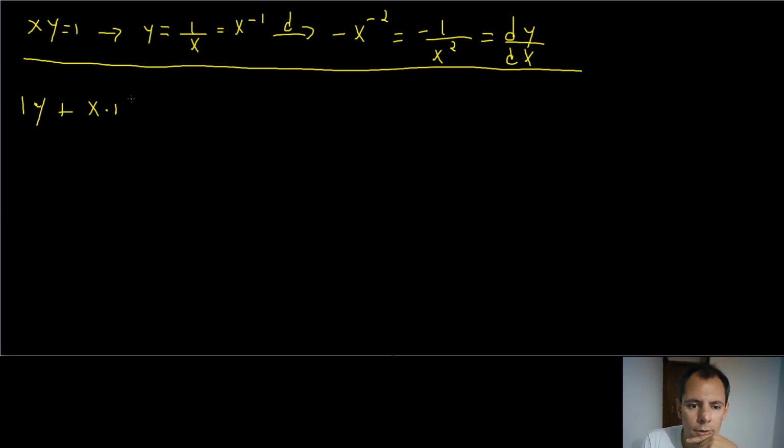Okay? So times dy dx equals 0. Why? Because you differentiated this side right here with respect to x. So this one, you also differentiate with respect to x, and 1 is just a constant.